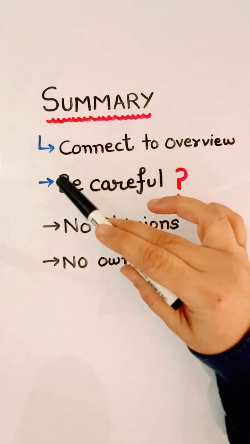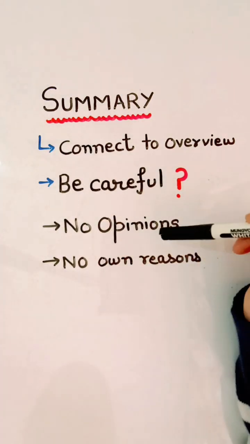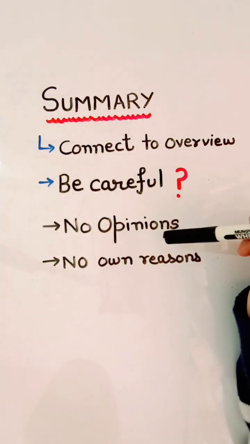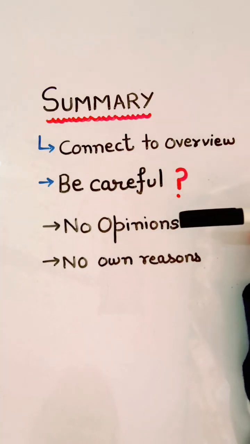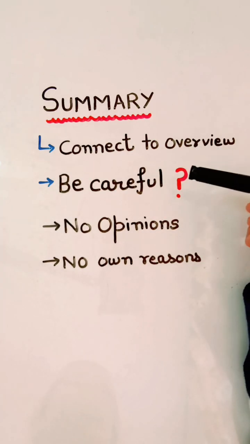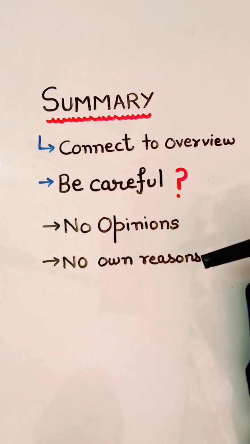But whatever I have written, be careful. Why? Because you don't have to write your own opinions. Okay, in the flow, we always mention that this has happened because of that. No, no own reasons, self-made reasons are not allowed. Why the graph is falling, why the admissions got down, why the numbers are falling, why people are not getting admissions.